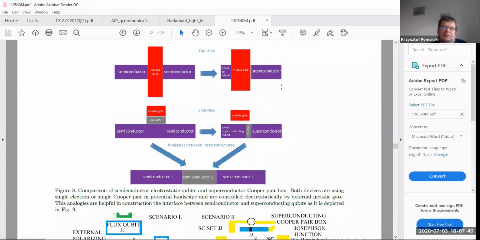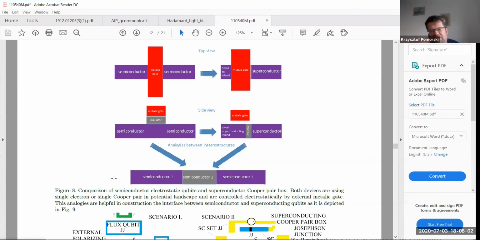Yeah, and there are some analogies of this position-based qubit with a Cooper pair box, where you have controlled the state of one Cooper pair. It was given at the very beginning. However, there is a different nature of this control.